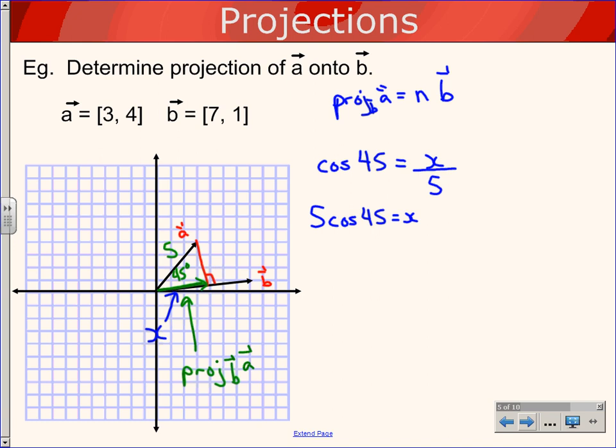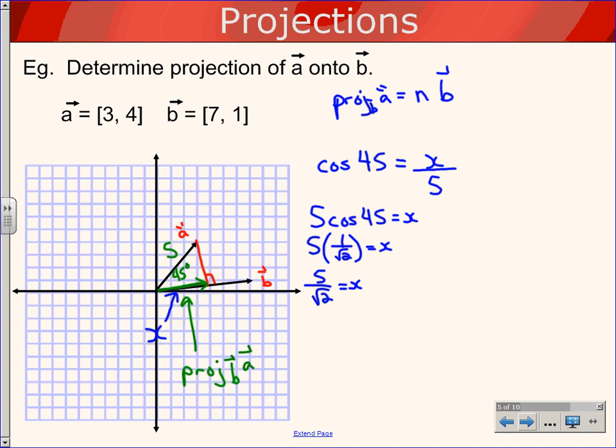I'm going to still try and use a whole bunch of exact values. Cos 45 is 1 over root 2. Mr. Vandenberg often wrote that as root 2 over 2. They're the same number, okay, same number. I actually like this better, so I'm going to leave it as 1 over root 2. It's a little bit simpler. So the length of x is 5 over root 2.